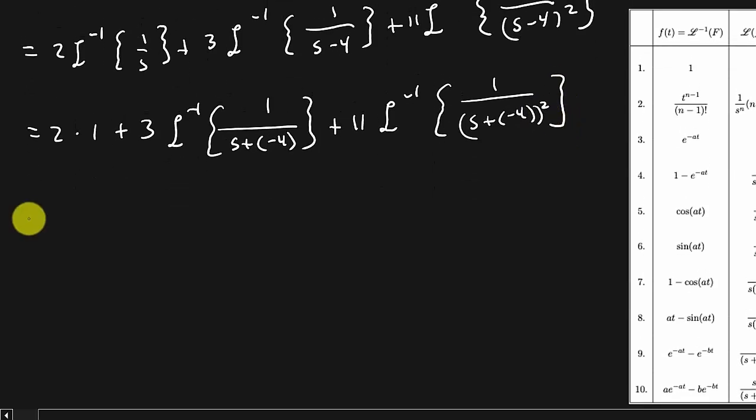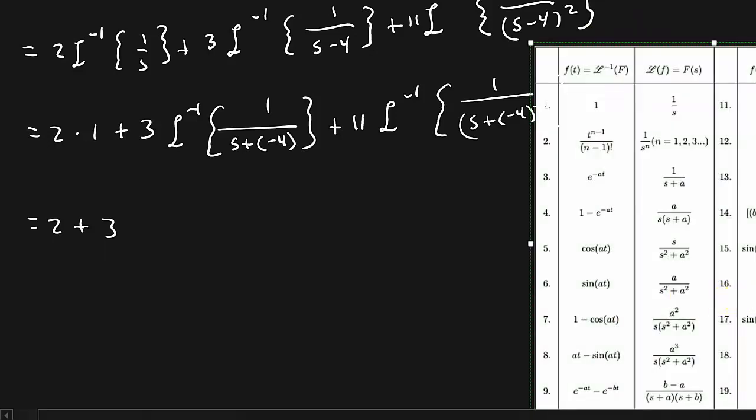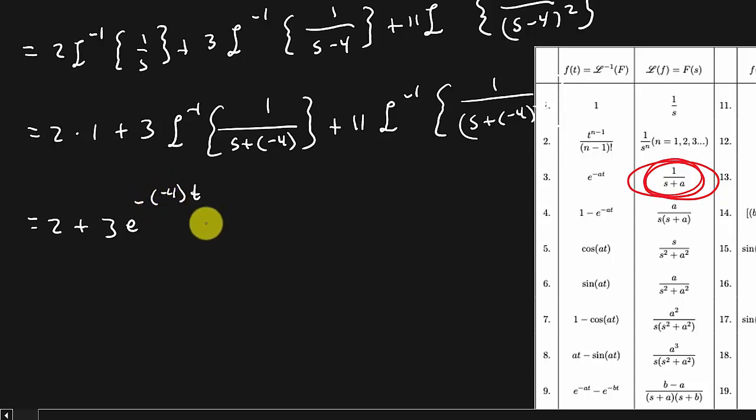All right, so this is going to be 2 plus 3 times, okay, which one do we have here? That's this one right here is what it matches. A is negative 4 in this case. So that's going to be 3e to the negative at, and a is negative 4, so e to the 4t, plus 11. And what is that one going to be?